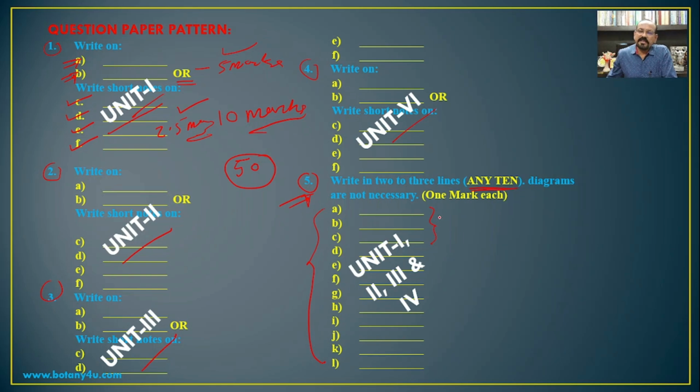You are suggested to solve all the 12 notes, and each one carries 1 mark. In this way, again, the 5th question will be 10 marks, and hence each paper carries 50 marks.